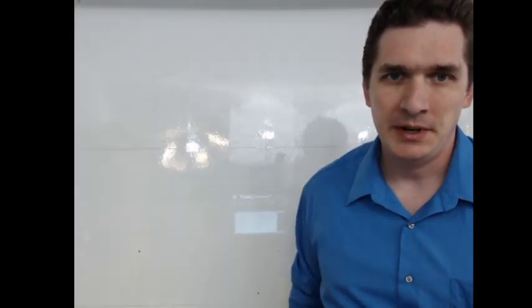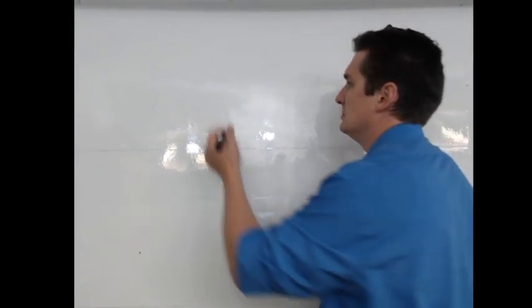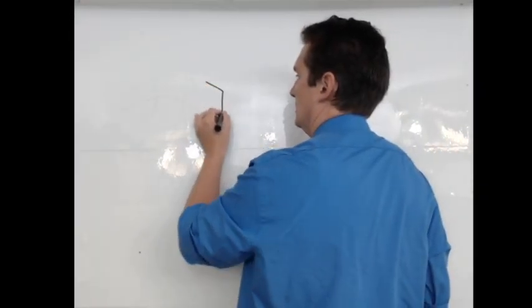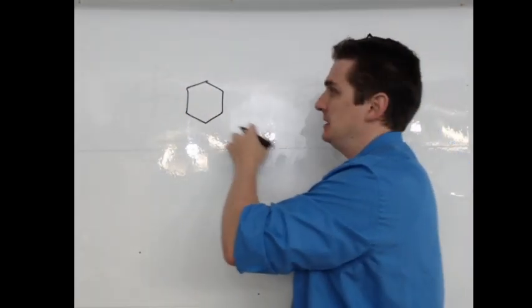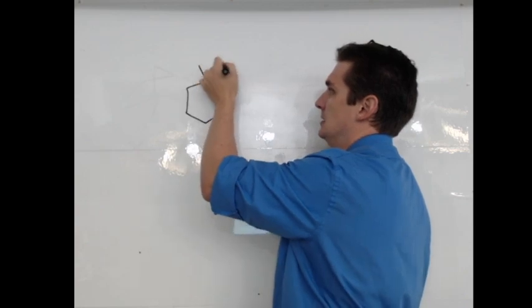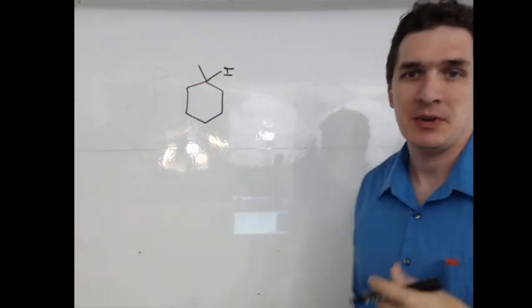So we've got 1-iodo-1-methylcyclohexane. There's your cyclohexane, there's your iodo, and that's your methyl.